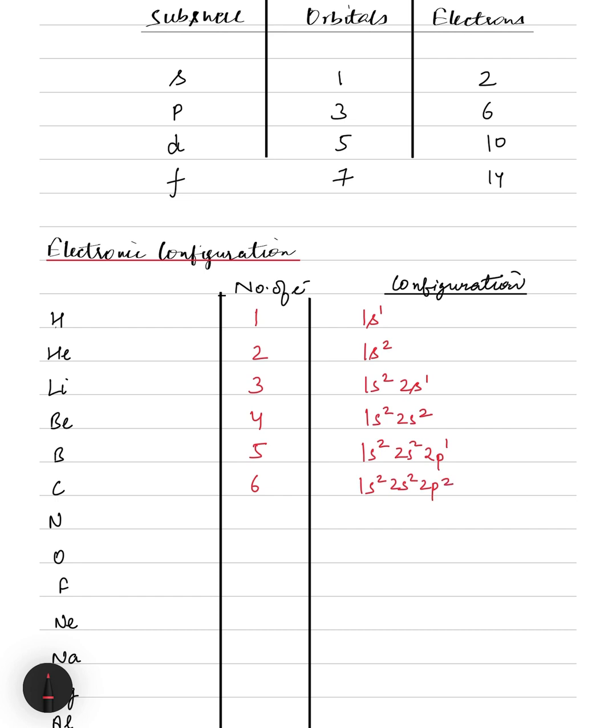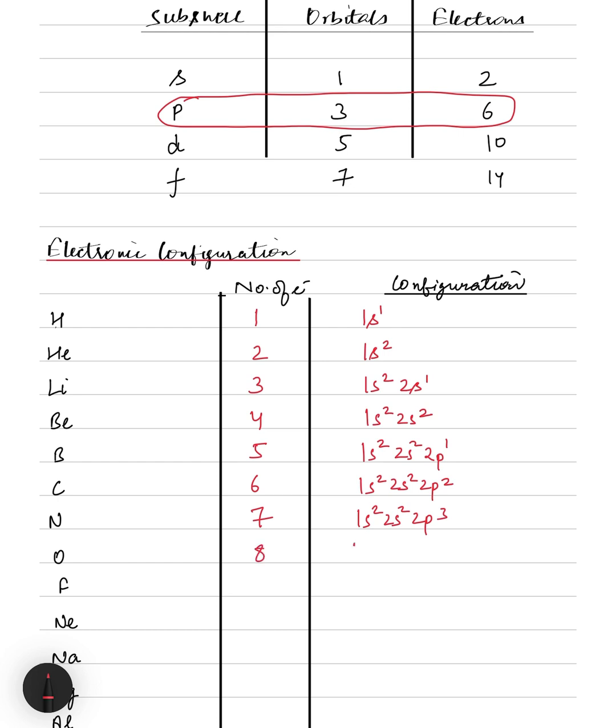We know the p subshell can accommodate a maximum of 6 electrons, right? So 2p will be filled up to the point where we get 2p6. That means in the case of nitrogen, atomic number is 7, it will be 1s2 2s2 2p3.